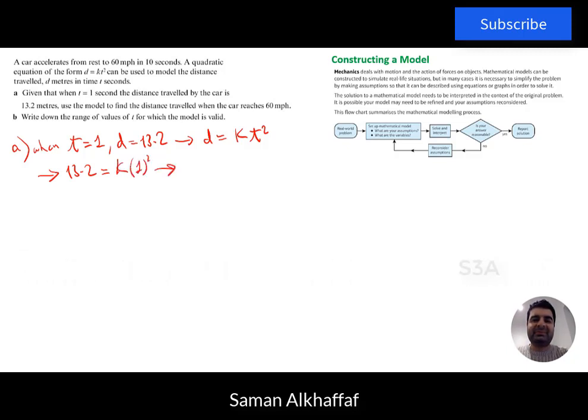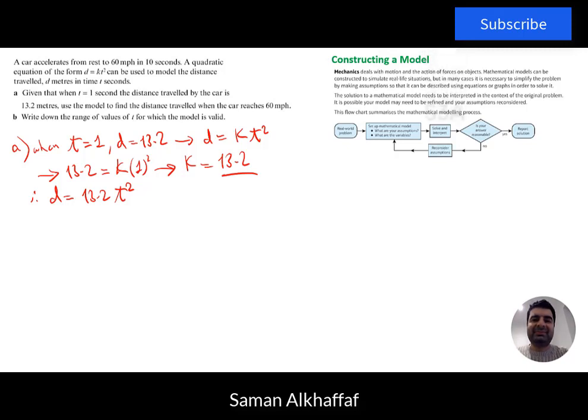So that will give us k being equivalent to 13.2. Now our completed equation in this scenario, therefore, we say d will equal 13.2 t squared, and in this scenario this will be our answer.